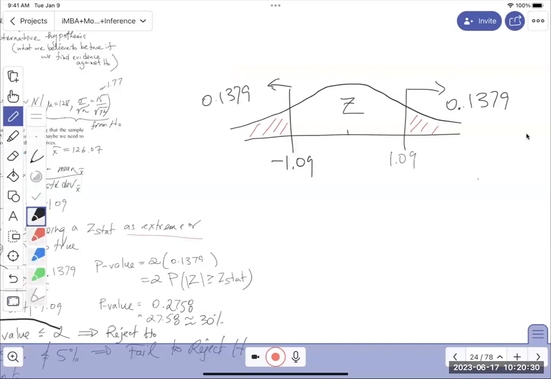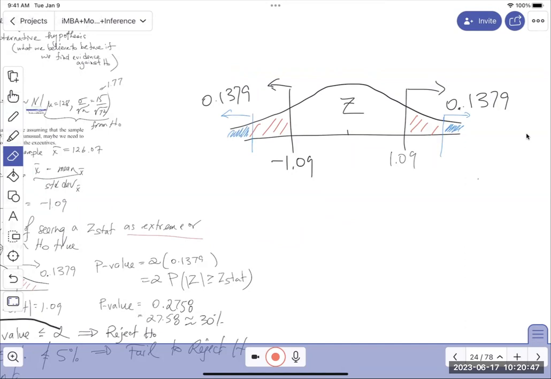So if we did reject, we would have been in over here. The blue, what's the total of the blue areas?